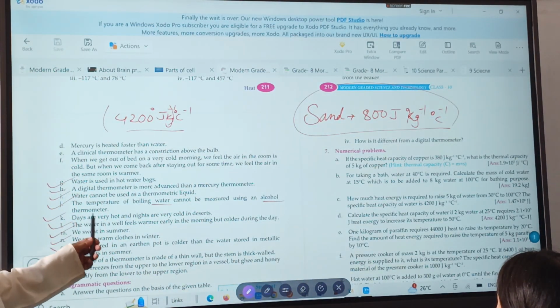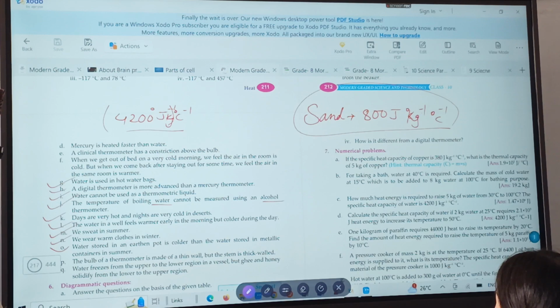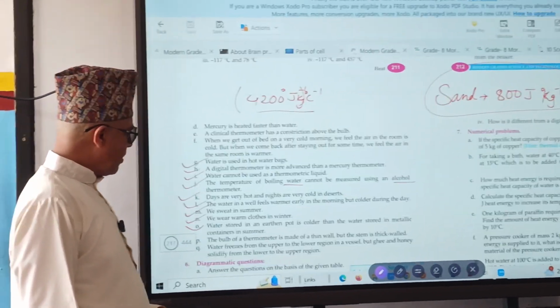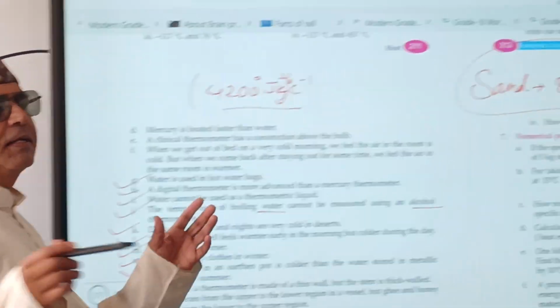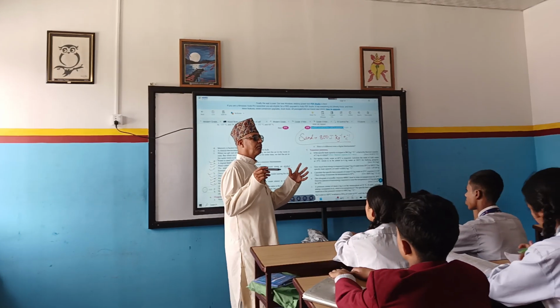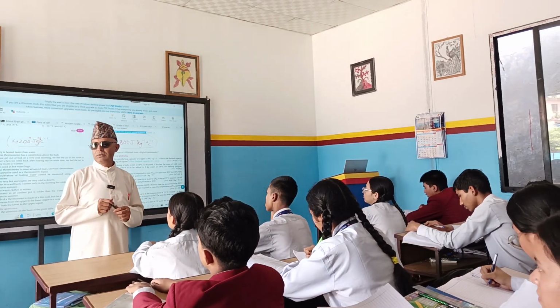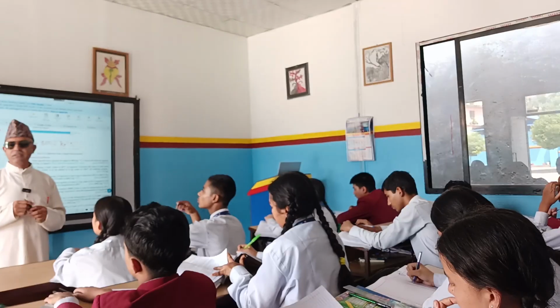Number O. Water stored in an earthen pot is colder than the water stored in metallic containers. Two containers are there, one earthen pot and one brass pot. Which water is cold?